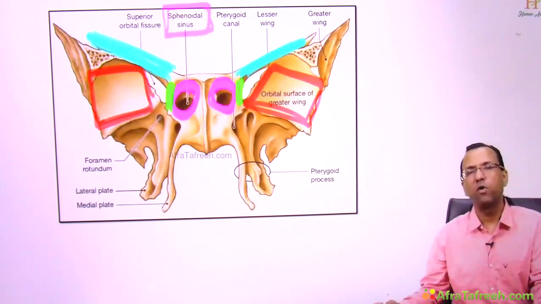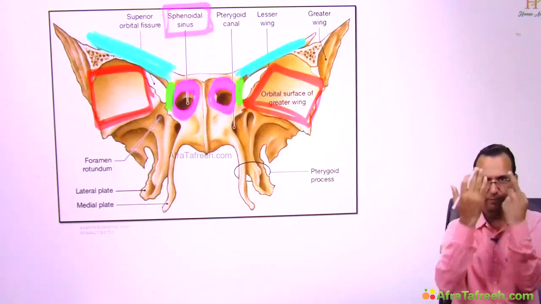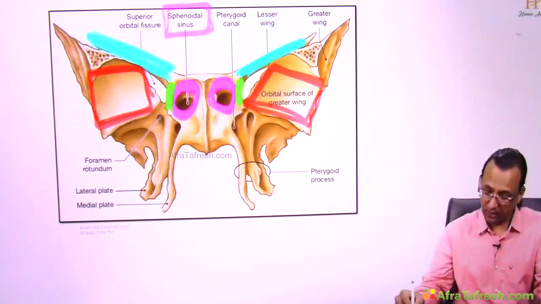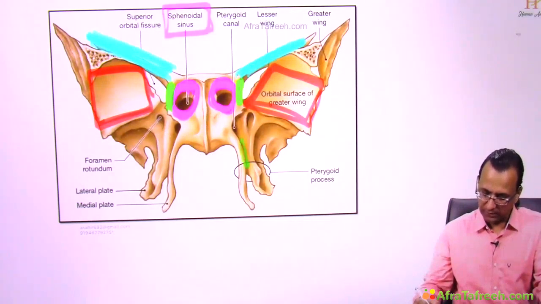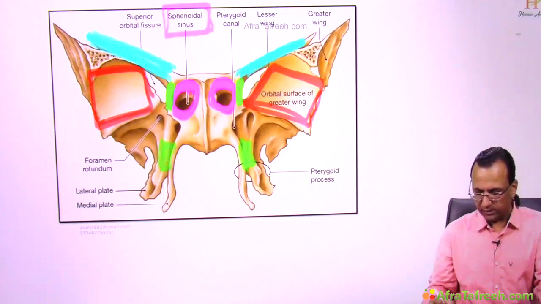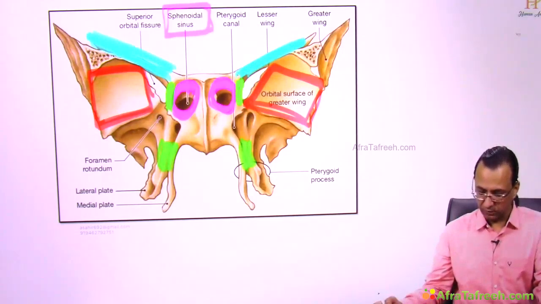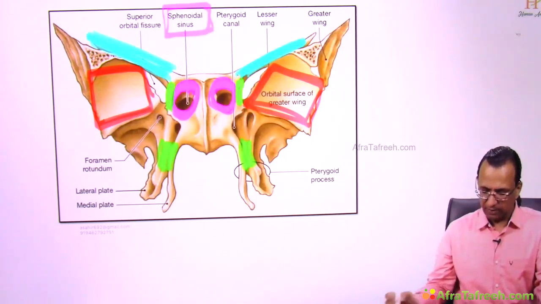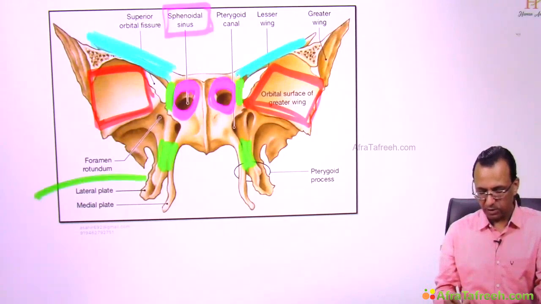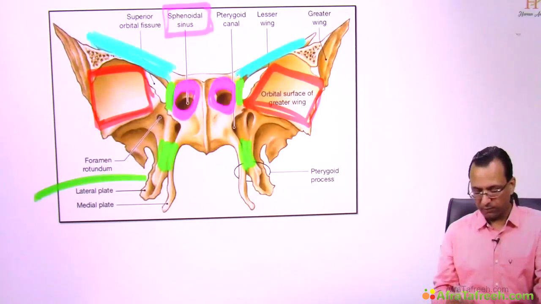Now the sphenoid bone from the front view, you are seeing. Look at this pterygoid process. This pterygoid process is giving origin to some muscles. Which muscles are you talking about? Actually, there will be a muscle coming from lateral side and one will come from medial side.